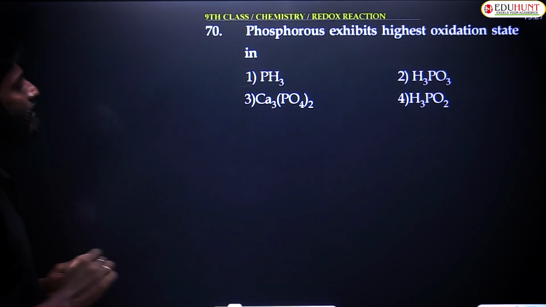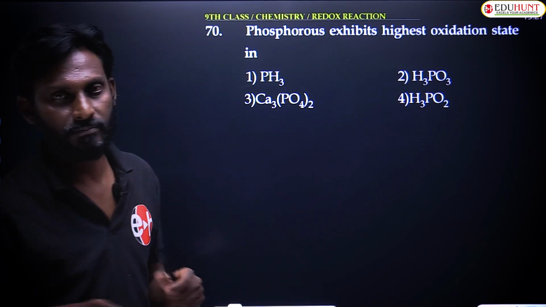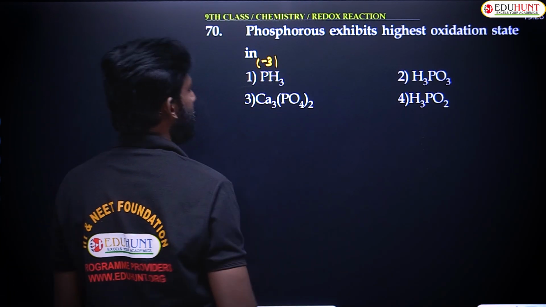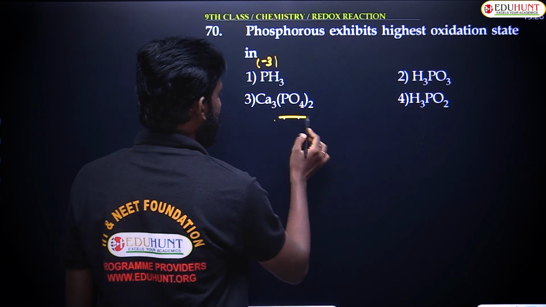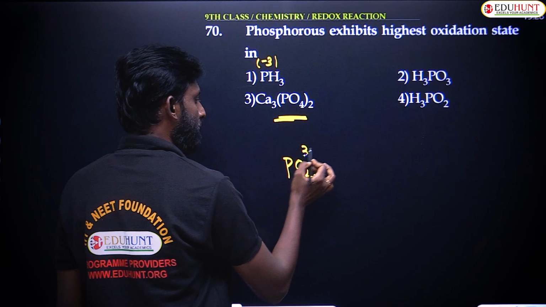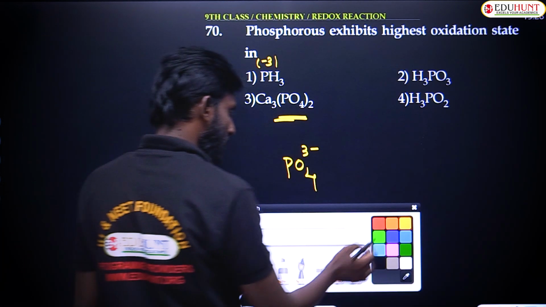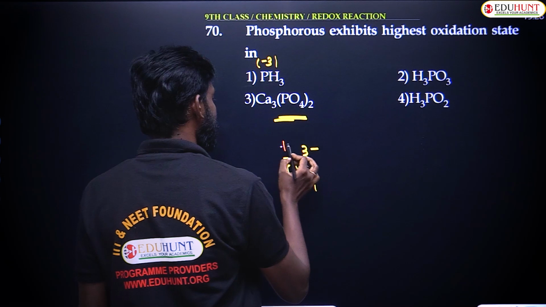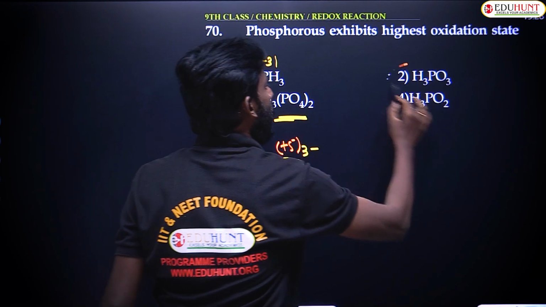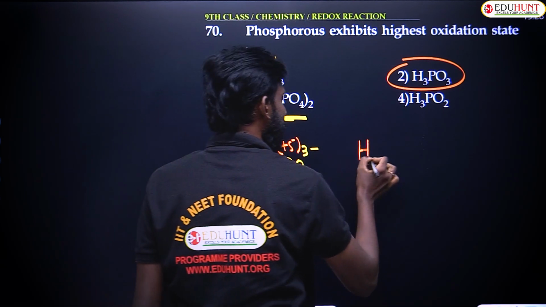Now question number 70. Phosphorus exhibits highest oxidation state in which? Here phosphorus will be in -3 state. In phosphate, calcium phosphate, you take the phosphate ion separately. In phosphate, phosphorus will be in +5 state. If you want, you can calculate. This is orthophosphorus acid, I explained many times.